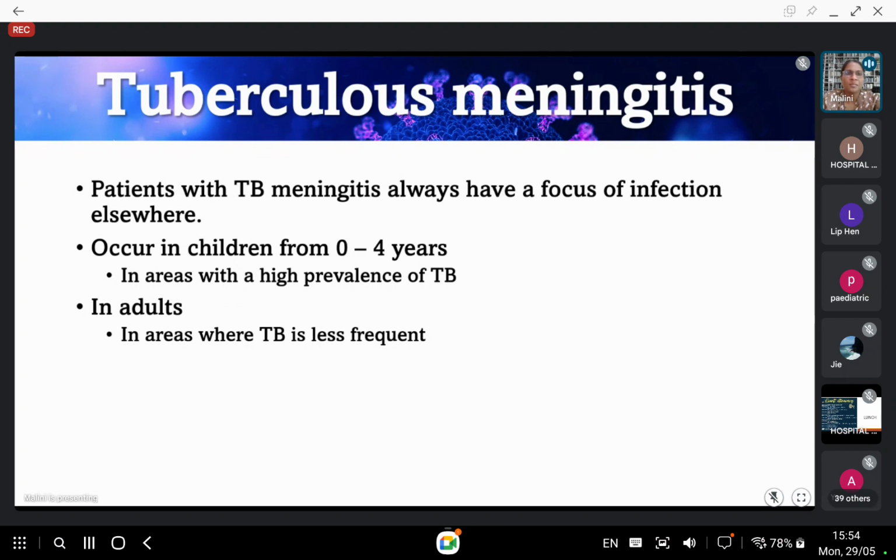And generally, TB meningitis is not primarily from inoculation to the brain. There is a primary source somewhere else. It can occur in young children in high-prevalence TB areas. In adults, it can happen even if it is less frequent, in a non-TB endemic area.